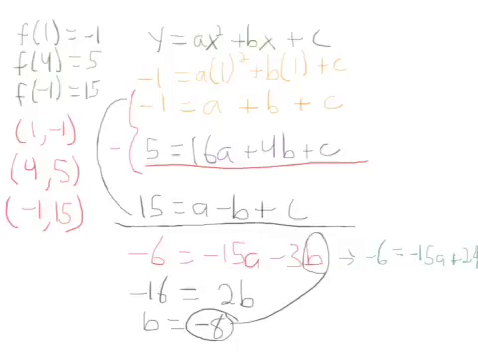When I solve this for a, I get negative 15a equals negative 30, so a equals 2. Now I have b equaling negative 8 and a equaling 2. Now I can plug both of these into any of my original equations and solve for c.